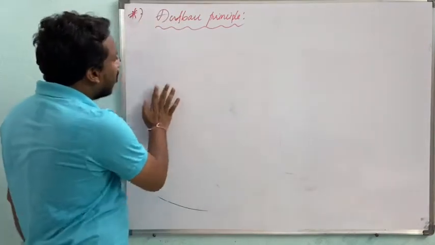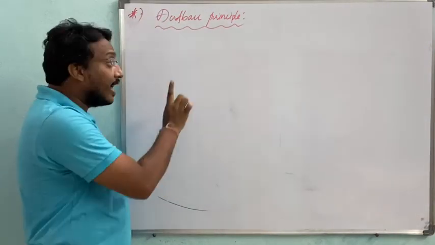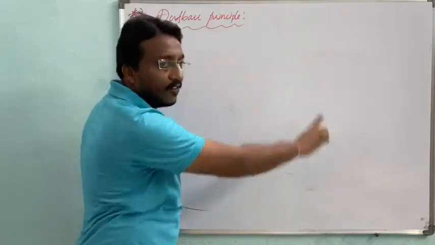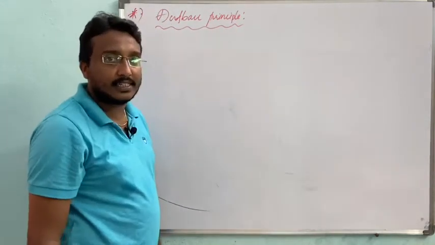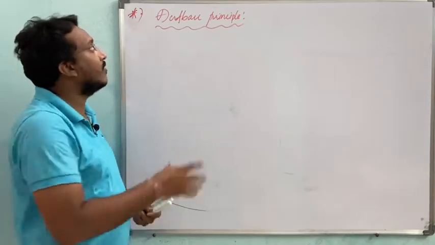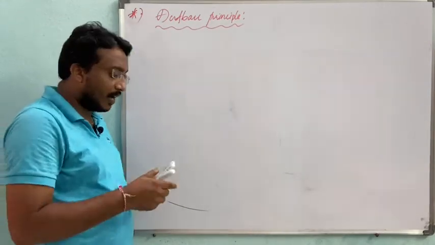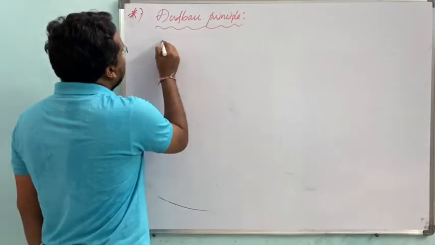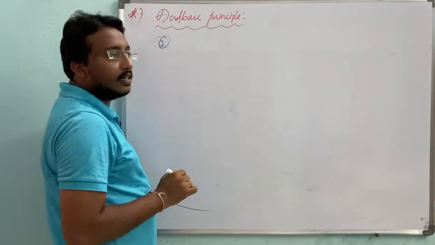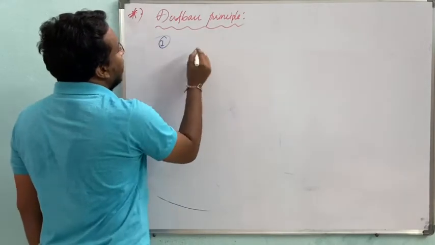Like that, the electrons also should join in increasing order of their energy levels. This is the rule given by the Aufbau principle. Here we have to keep 2 things in mind.